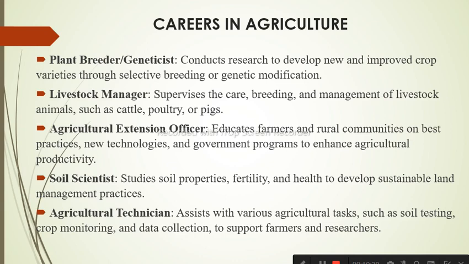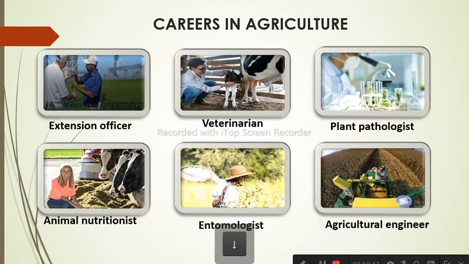An agricultural technician assists with various agricultural tasks such as soil testing, crop monitoring, and data collection to support farmers and researchers. All right, these are some other careers in agriculture: extension officers, veterinarians, plant pathologists, agricultural engineers, entomologists, animal nutritionists. As was said before, we have thousands and thousands of careers in agriculture.